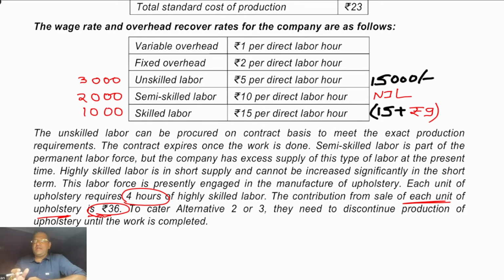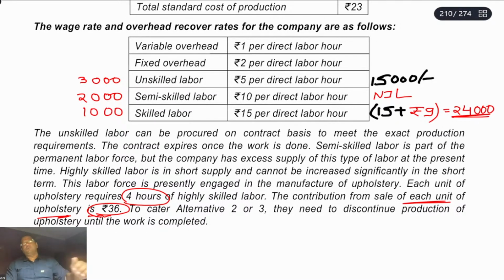So 15 plus 9, 24, 24 into 1000. So the final answer will be 24,000 rupee as the relevant labor cost of skilled labor. This is the repetition point beta. In the last session also we covered what will be the relevancy of labor in case of key factor. And I have also noted down the important formula of that point when you turn the pages.